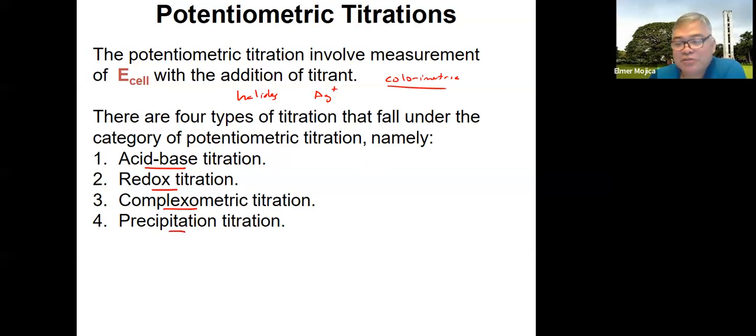And you can use a pH meter, or one with silver, like what we use in precipitation, or one that measures the voltage, usually in redox. We have experimented with this one. In this one, we didn't use the probe or the ISE, but there's always a titration. What's the classic example of a complexometric titration? Anyone?